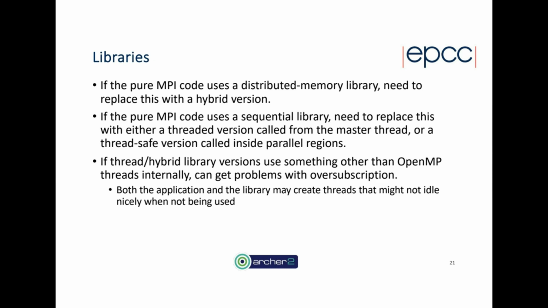Both your application, which is going to create OpenMP threads, and the library, which is going to create some other sort of threads, maybe POSIX threads or C++ threads on its own, and not just reuse your OpenMP threads, if you're unlucky, may not behave nicely when not being used. They might not idle nicely. So you can end up in situations where you end up with more threads than cores, and your performance can suffer from that.